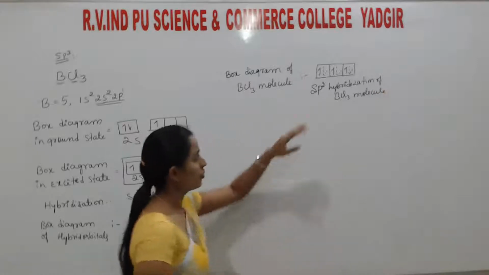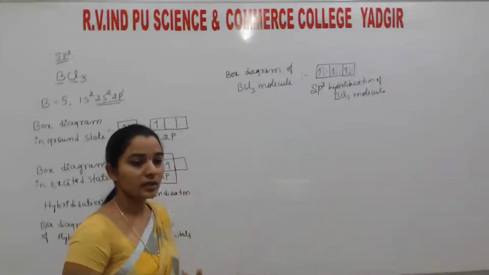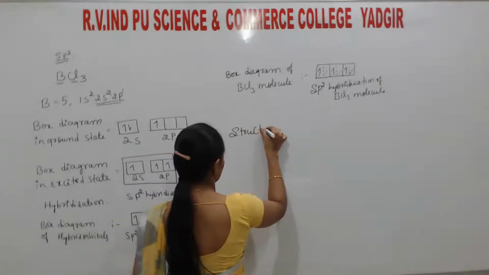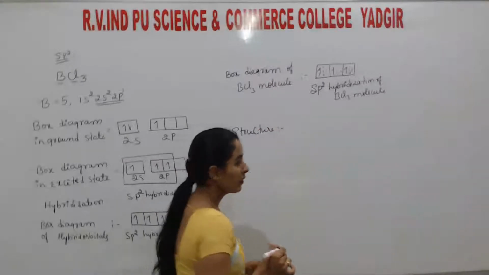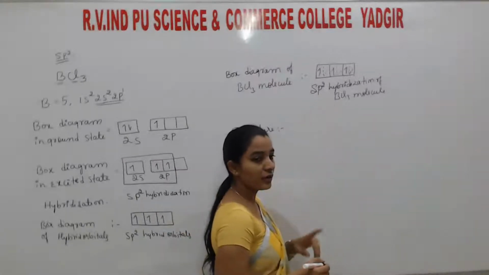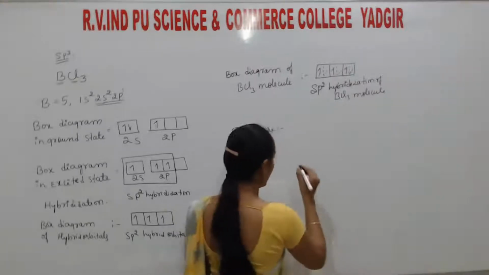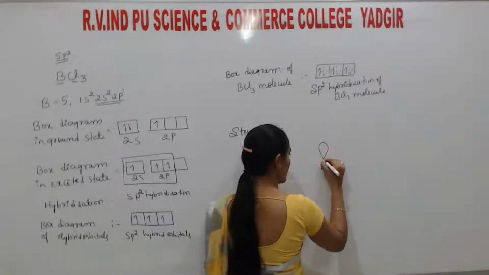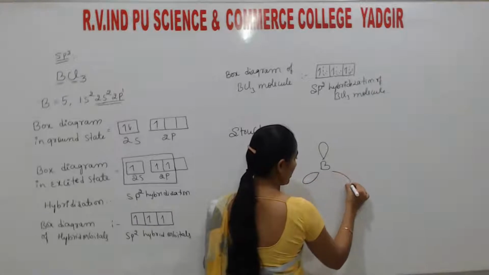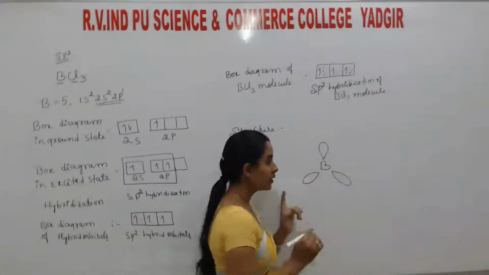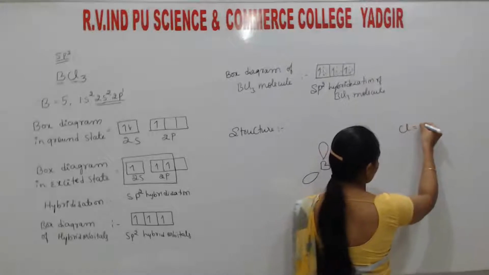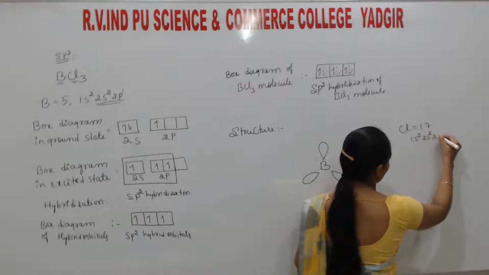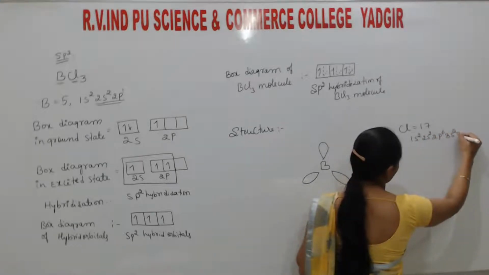Once we know it is sp2 hybridized, the next thing is the structure. What is the structure of sp2 hybridization? Trigonal planar. Boron is here, and it has the hybrid orbitals like this in a triangular manner. At the same time, consider Cl. Its electronic configuration is 1s2, 2s2, 2p6, 3s2, 3p5.